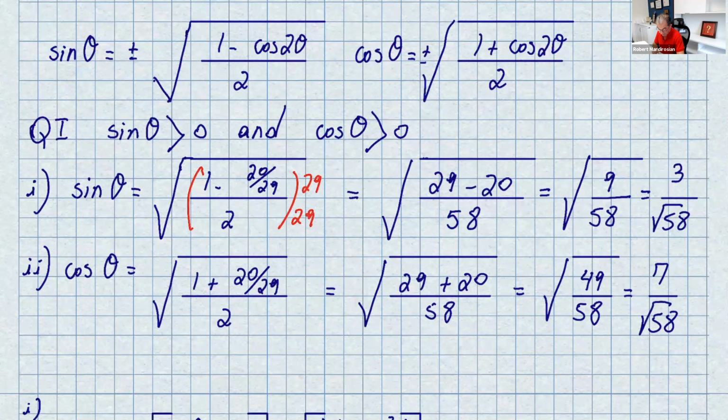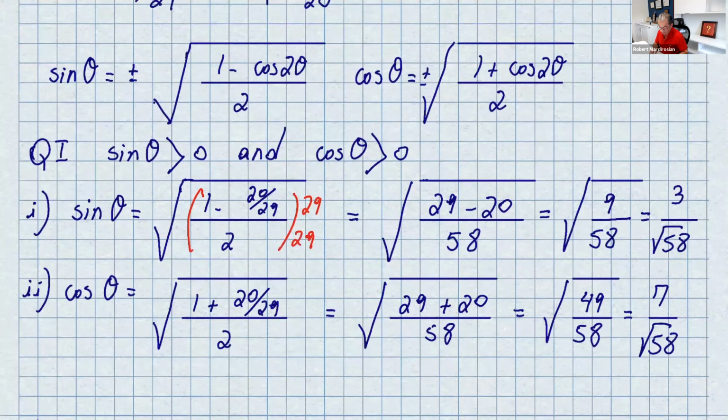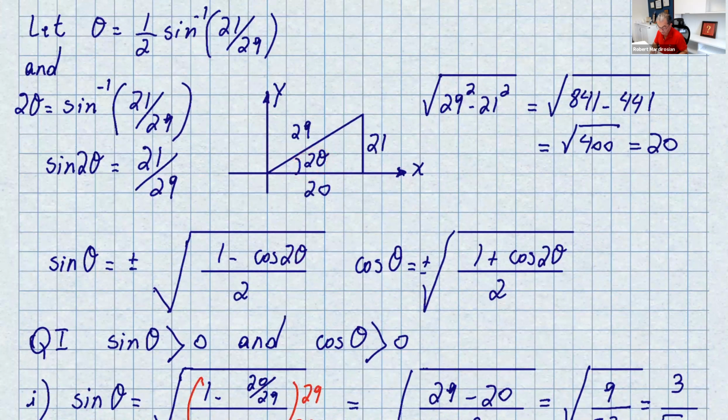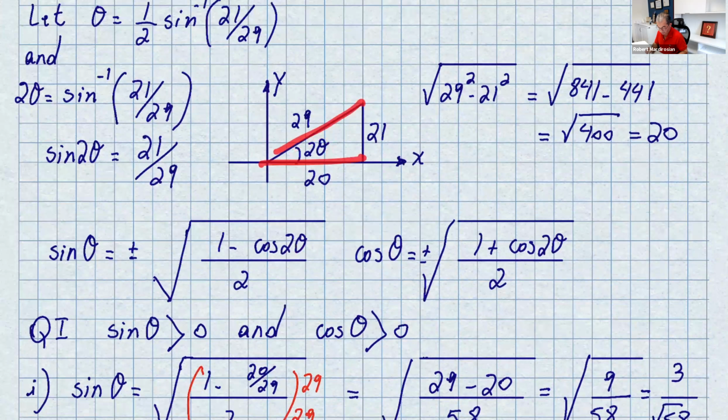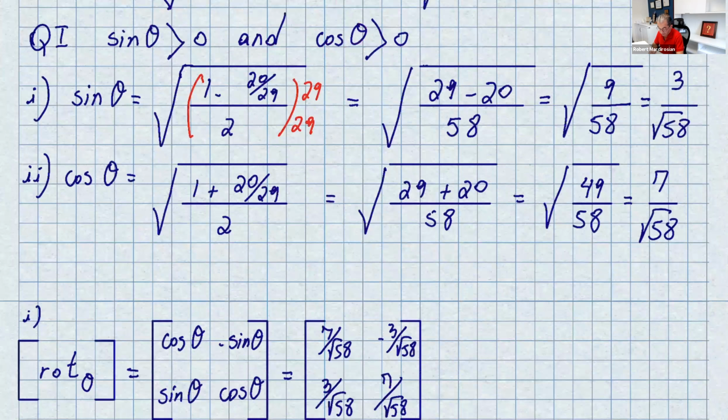Cosine, same way, is 1 plus cosine 2 theta. One more time, cosine 2 theta, we have it here, is 20 over 29, adjacent over hypotenuse. So you simplify the same way, and if you do that, you get square root of 49 over 58. Square root of 49 is just 7. So now we have our sine theta and our cosine theta.